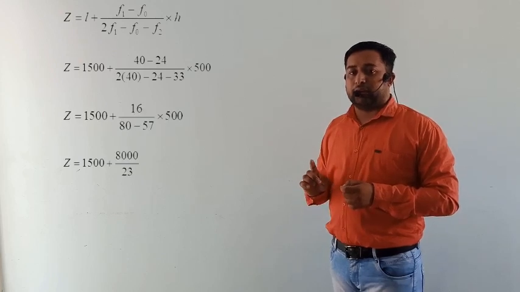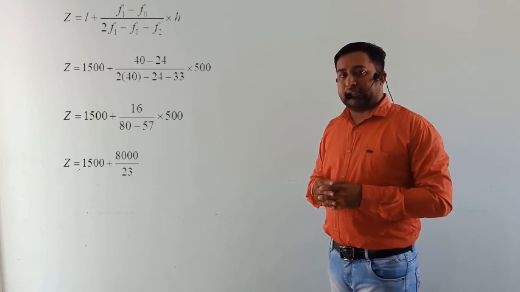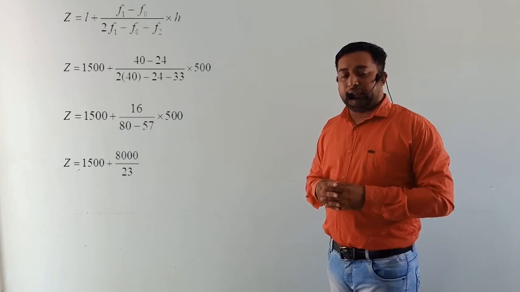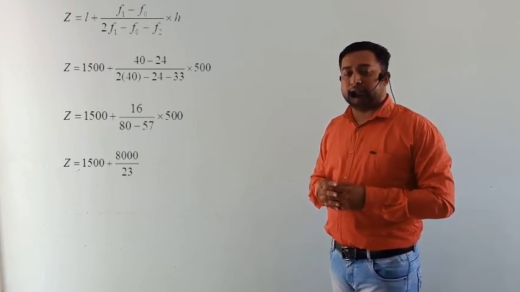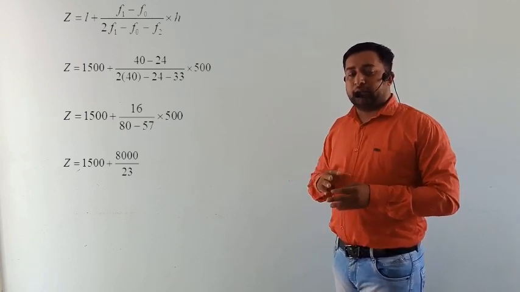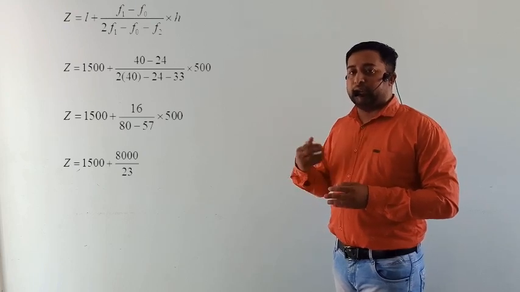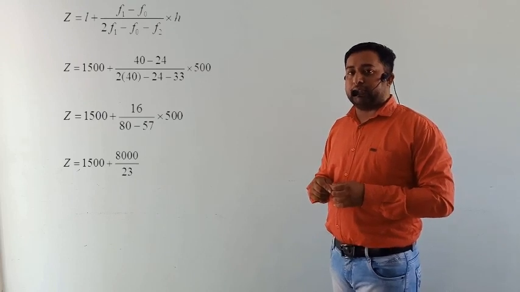which is 500. In the numerator 40 minus 24, 16. Denominator 2 40s are 80, minus 24, minus 33, minus 57. All multiplied with 500. Now multiplying 16 with 500 will get 8000. In the denominator, 80 minus 57 is 23.